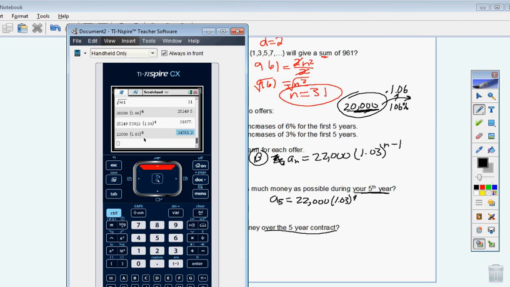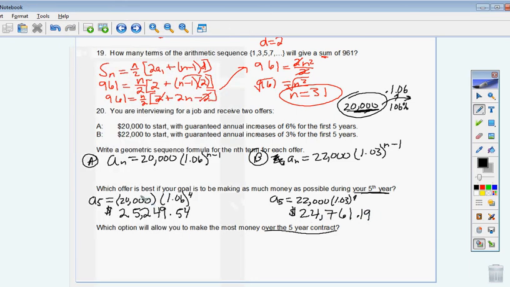Again, we highlight and bring that down. It looks like this one came out to $24,761.19. Okay, so amongst these two offers, obviously job A would pay more money during the 5th year.